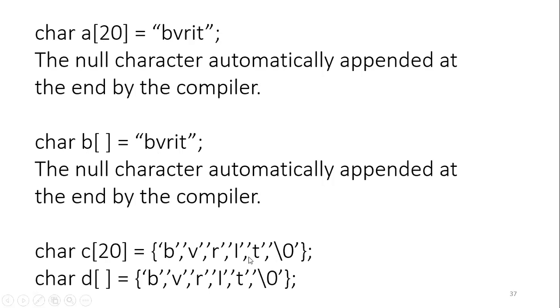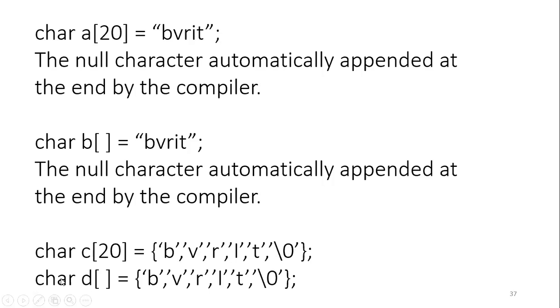If we initialize in this character format, then it is up to the user to specify \0 to terminate the end of the string. So here I declared a string variable, an array of characters, and I am initializing character by character. The user has to give the \0 at the end of the string.